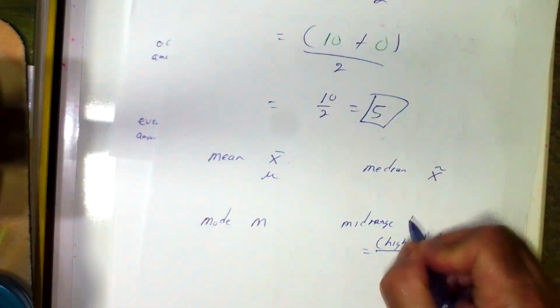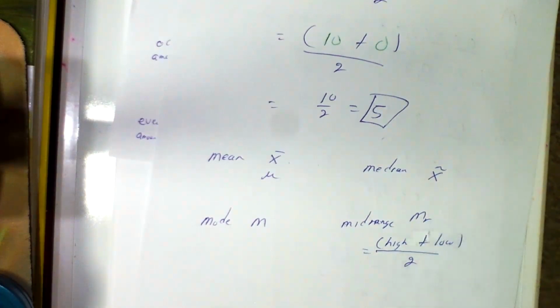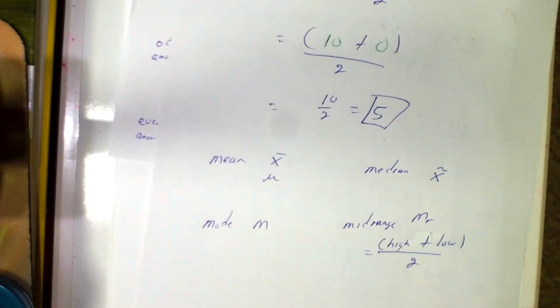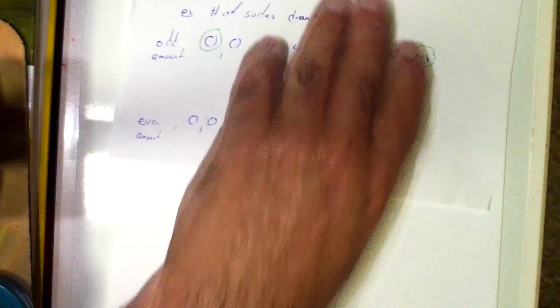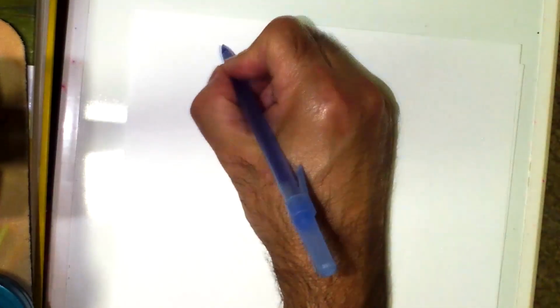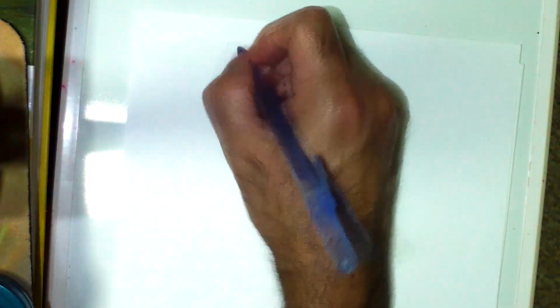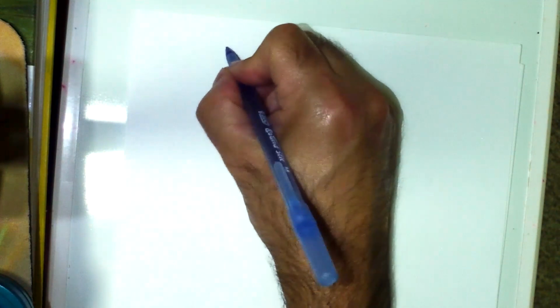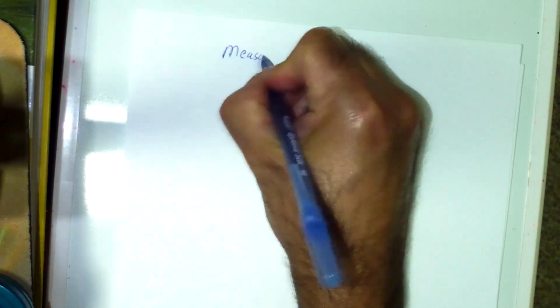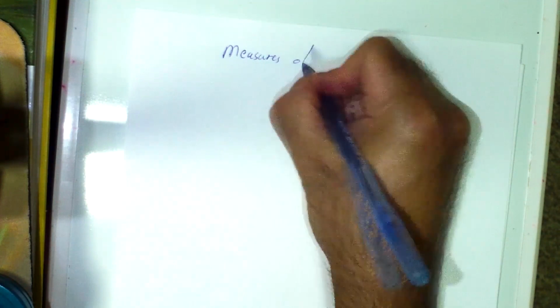And the symbol for that was MR. All right, so those are the 4 measures of the center. Okay, so now we can go and talk about variation, measures of variation. This is the part that we take from section 3.2.